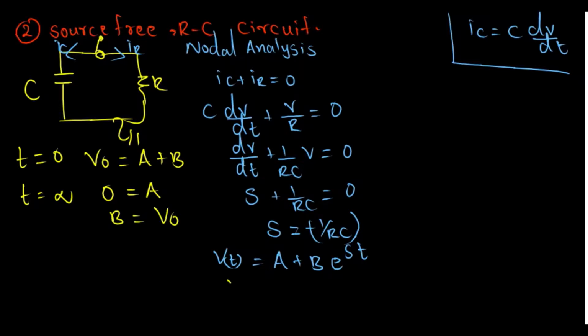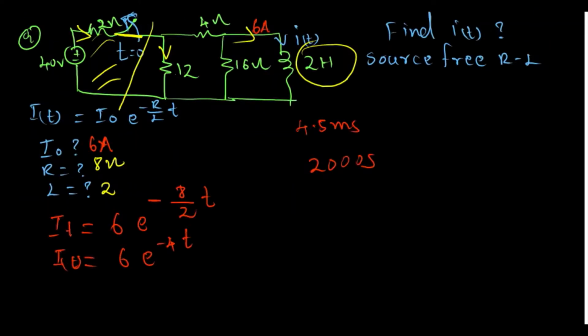The equation becomes V(t) is equal to V naught e to the power minus t over RC.